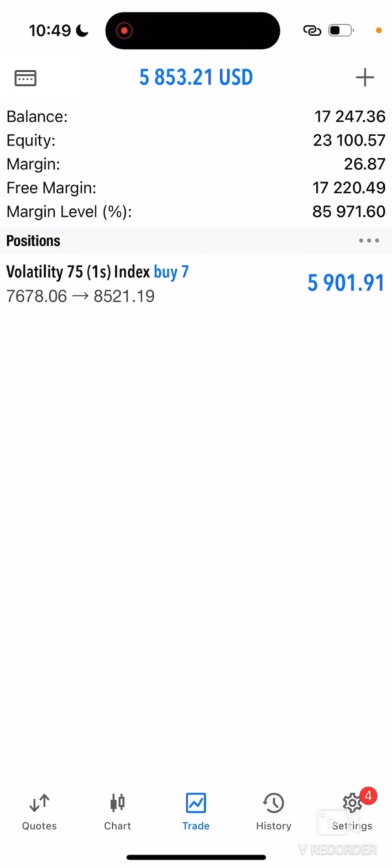I left $2,000 in the account, I think $2,200, and then I grew the account from $2,200 to $17,000, and I left this position to keep on running. The position is running in profit of $5,800, and I think my equity is around $23,000 here.